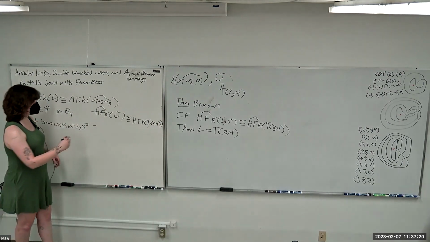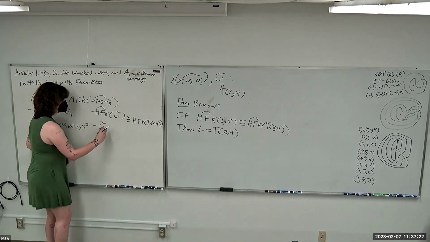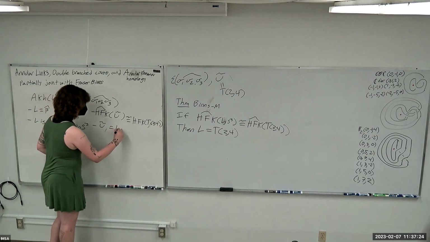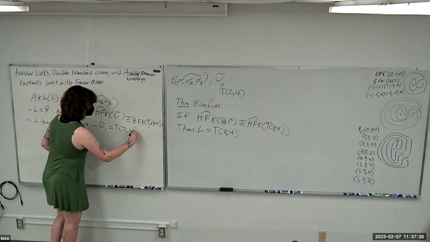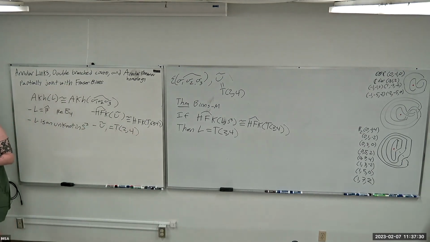And then that means that we know that the lift of the braid axis is actually equal to T24.